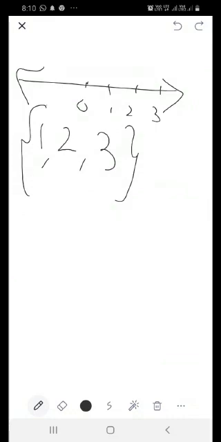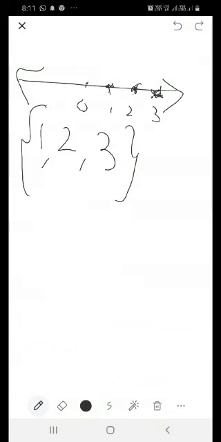So darken these natural numbers 1, 2, 3. This is how you are going to show it. Only 1, 2, 3 have to be darkened with the help of a pencil.